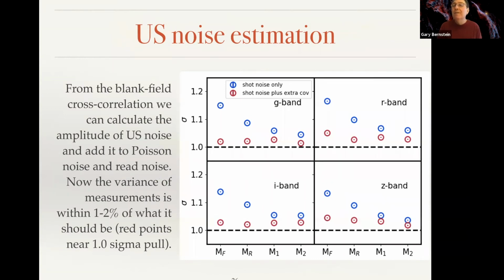So it's a non-trivial thing if you're trying to really be careful about what your measurement noise is. And in this plot, we just show that the measured sigma compared to the expected drops from the blue down to the red line dots here when we include this empirically measured undetected source noise contribution to our error matrix. And so now we're within a few % of getting exactly the right noise.